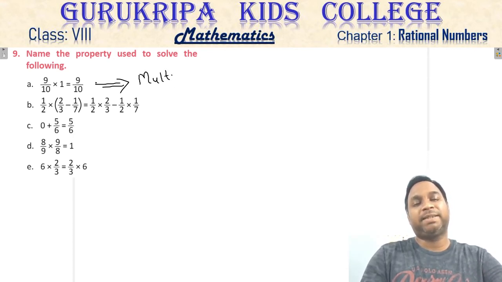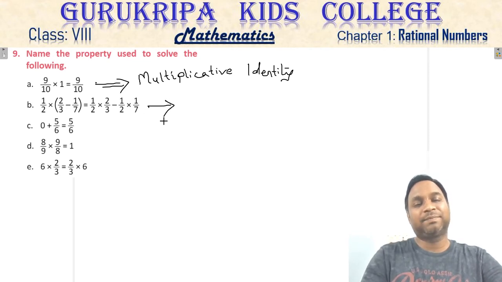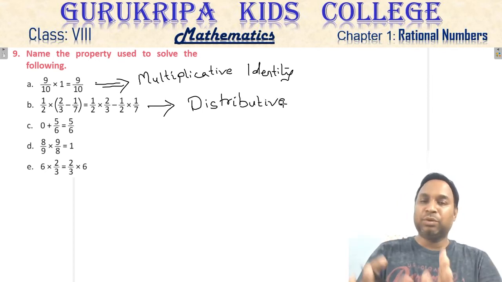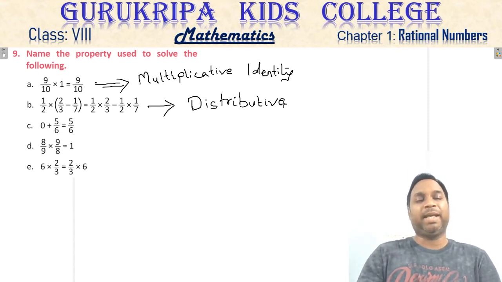Multiplicative identity. What is happening over here? Distributive law. And you know all the definitions. Just you have to see the example and give the correct name.